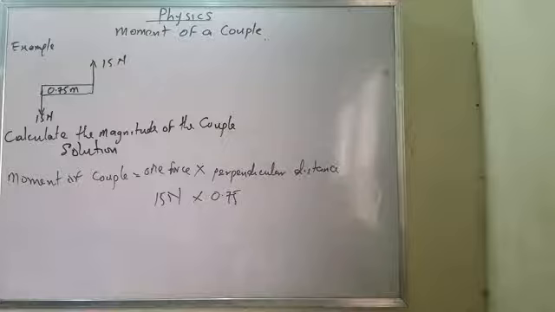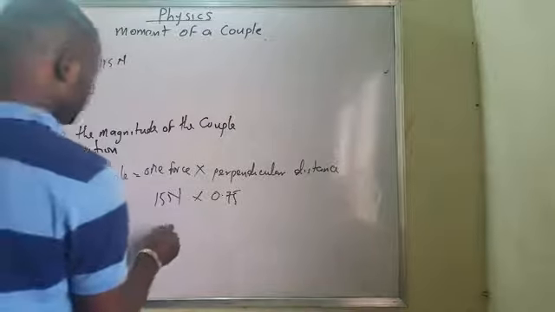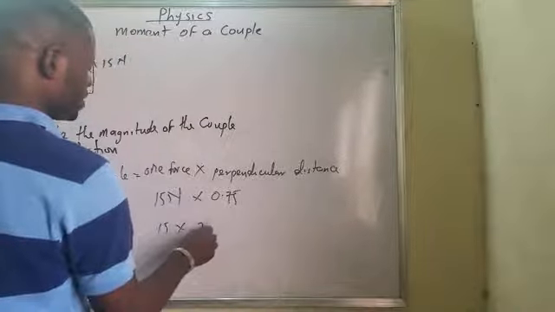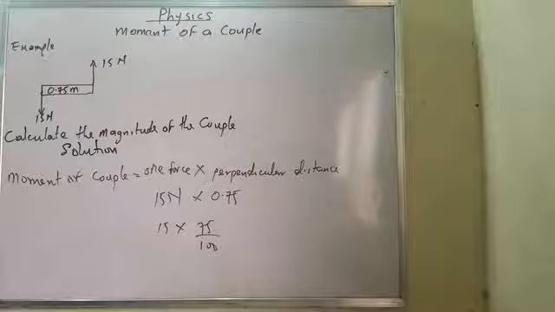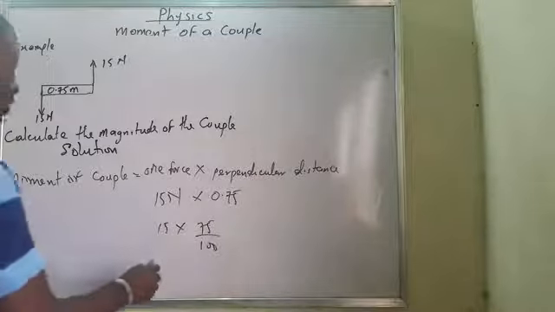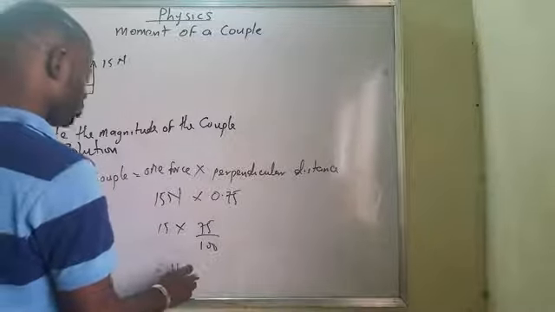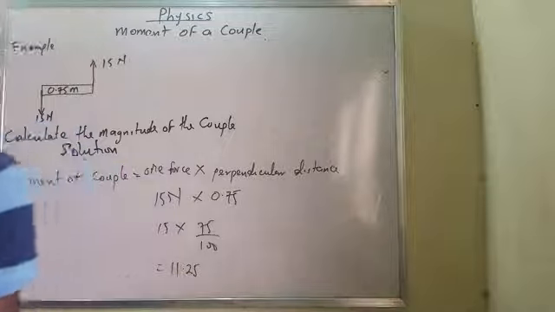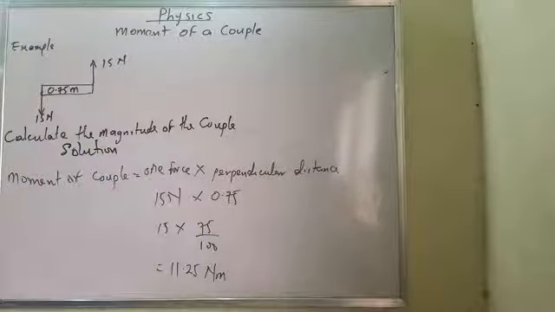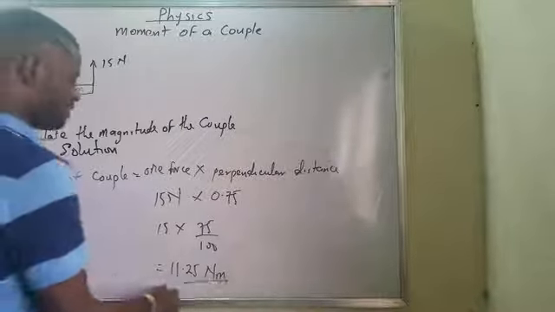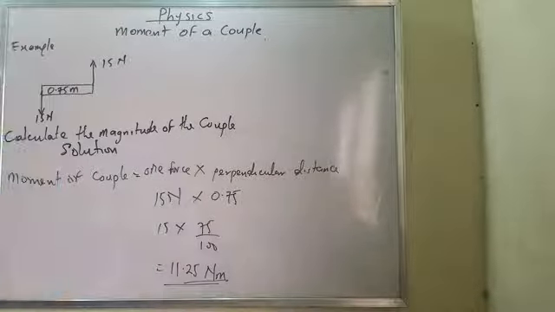So I have 15 multiplied by 75 divided by 100, which will be 11.25 Newton meter. Yes, that is going to be Newton meter. Please, the SI unit is very, very important.